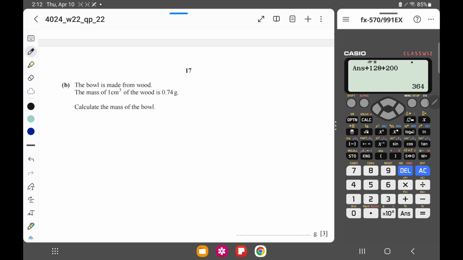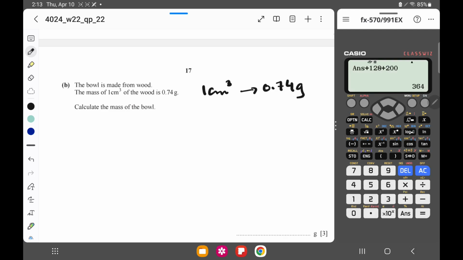Alright, so here the mass of the bowl is required. We know that the mass of 1 cubic centimeter of the wood is 0.74 grams.